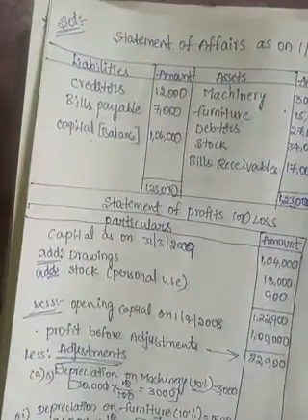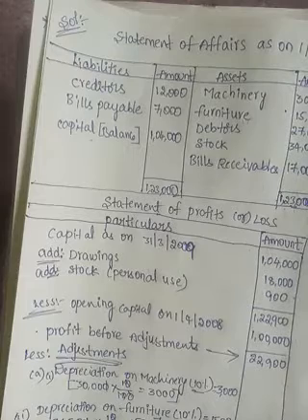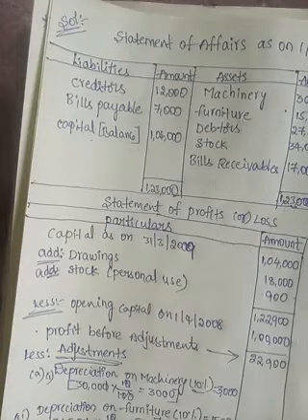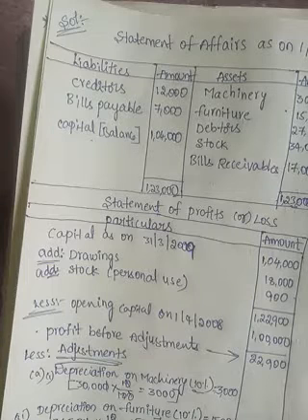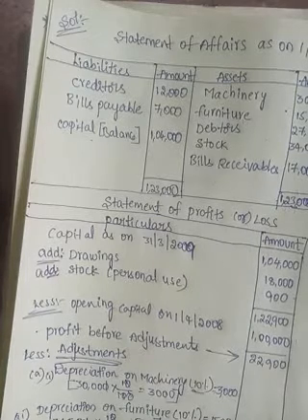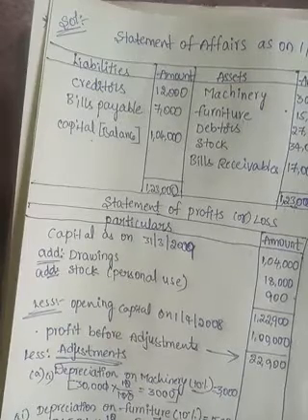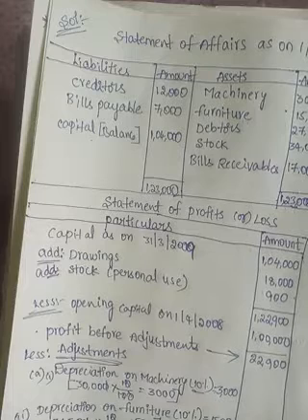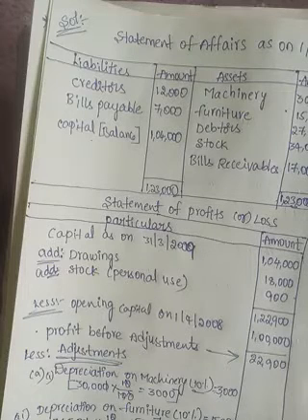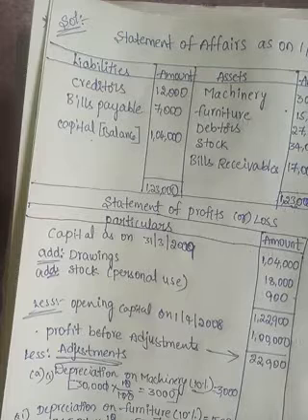Here we prepare the statement of affairs as on 31st March 2009, or balance sheet as on 31st March 2009. But in this, you have to write only the statement of affairs.